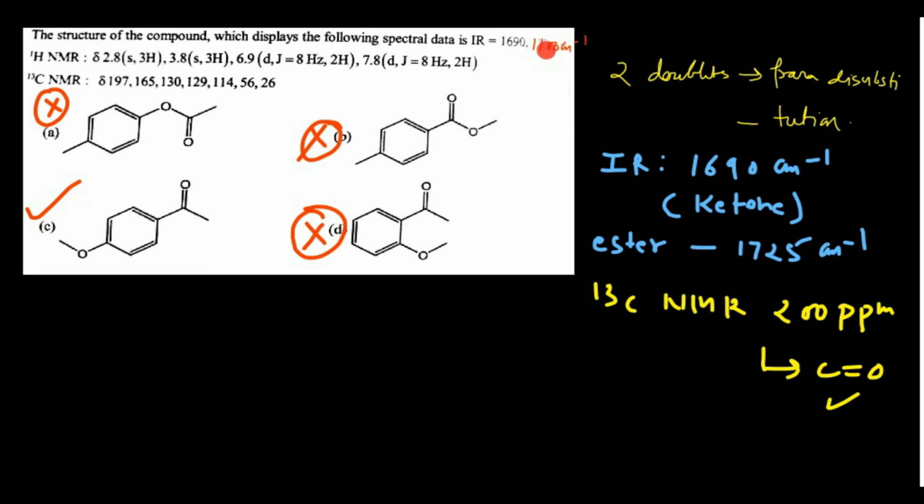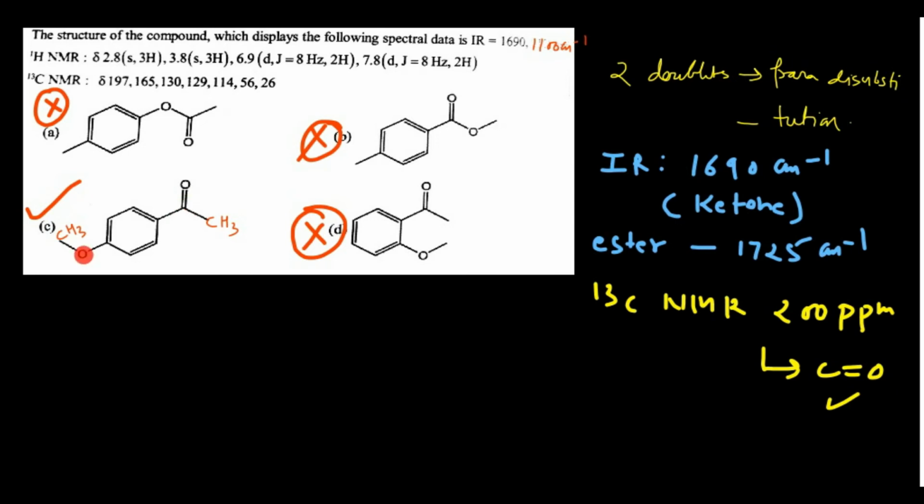However, this 1100 centimeter inverse is nothing but the carbon single bond oxygen, right? So if you want, then you can characterize it fully also. How can we characterize fully? This is CH3, I can write CH3 here, and this is also CH3, right? You can check here, this carbonyl group is electron withdrawing, as well as this oxygen is also electron withdrawing for this methyl group, but this carbonyl group is not as electronegative as oxygen.